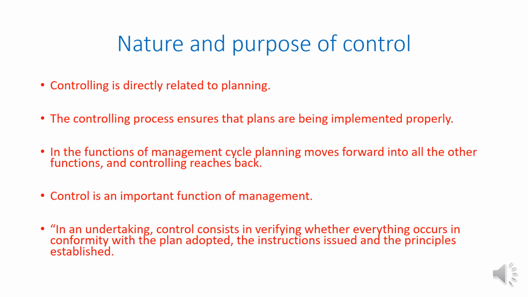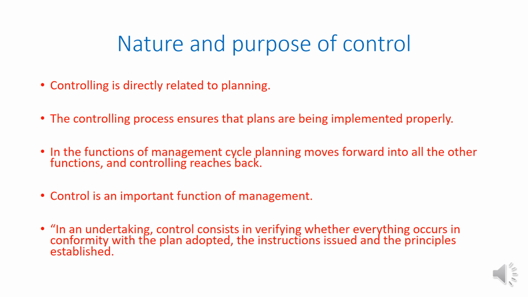First we will see the nature and purpose of control. Controlling is directly related to planning, and the control process ensures that plans are being implemented properly. This control will move us to further advancement, and control is an important function of management.